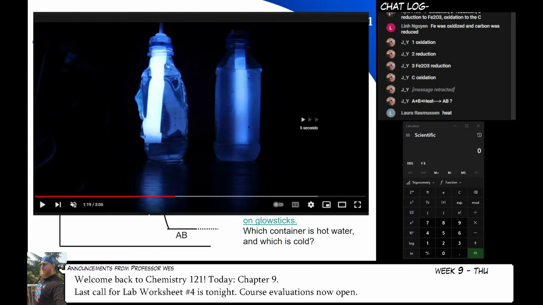And you can see as the temperature of the one on the right goes down, the glowing, which is the reaction we're observing here, fades out. Whereas on the left, when the temperature increases, the glowing intensifies. So by increasing the temperature, we could speed up the reaction and make the glow sticks brighter.